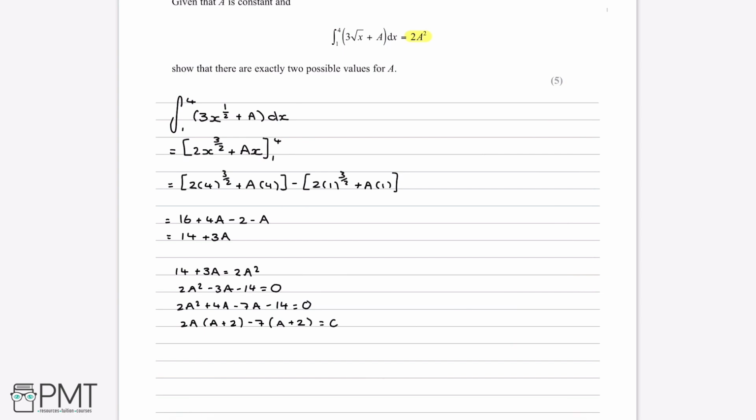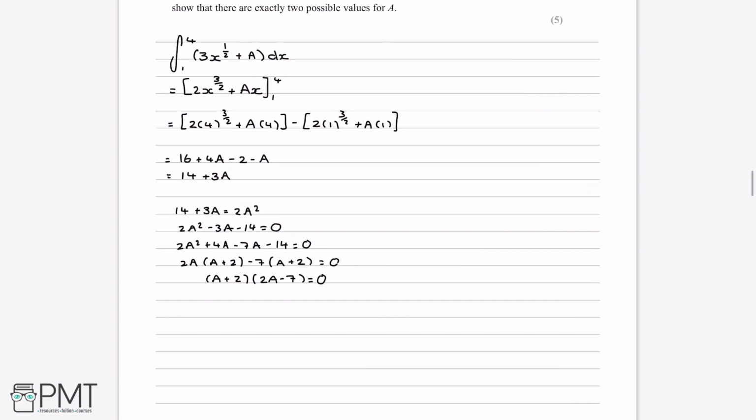And this is still all equal to 0. So now we keep the a plus 2, and in the other bracket, we use the things outside of each bracket, so 2a minus 7 as our second bracket. And this is still equal to 0.